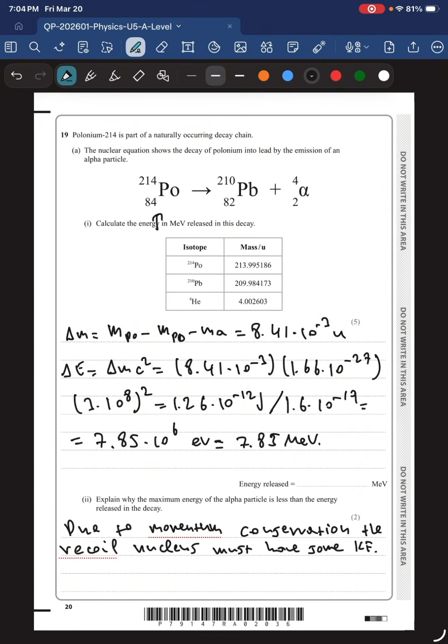Okay, so not all the energy goes, so not all delta E goes to the alpha.